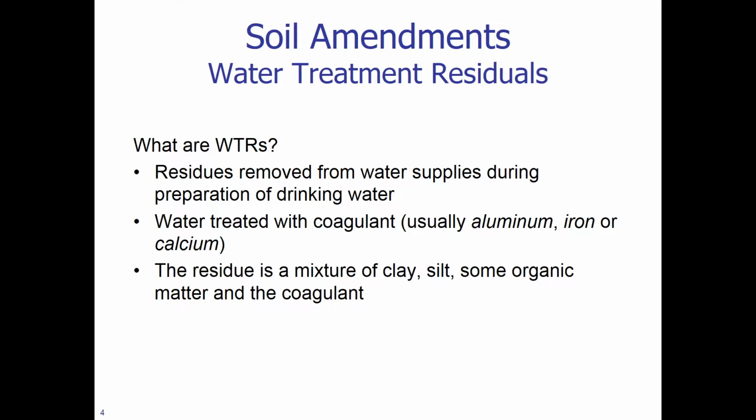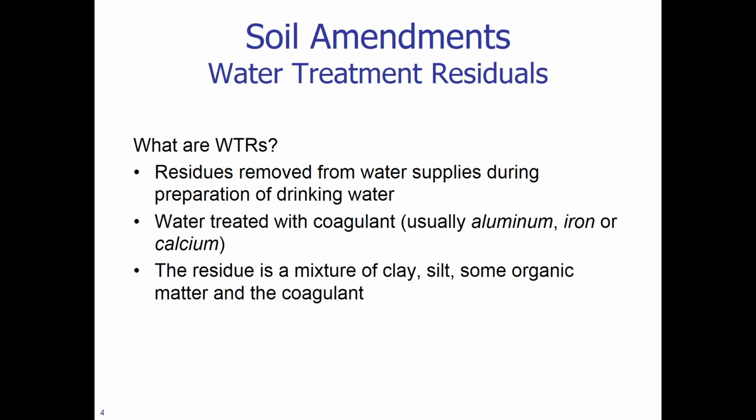Let us look into the use of water treatment residuals as a soil amendment. What are water treatment residuals, better known as WTRs? These are the residues removed from water supplies during the preparation of drinking water.